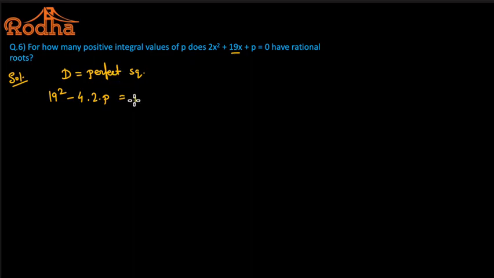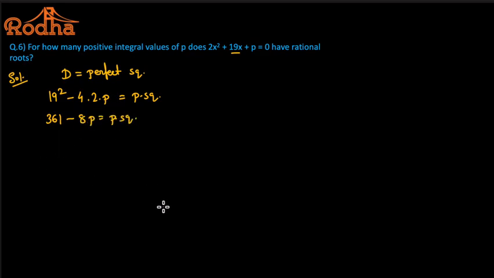So let's say it is a perfect square here, right? So 19 square minus 8p. 19 square is actually equal to 361. So 361 minus 8p should be a perfect square.